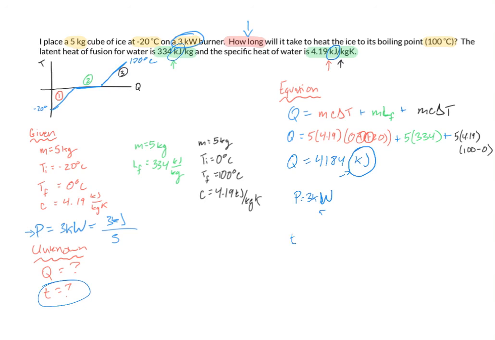So time is equal to Q over P. And so what we'll find is time is equal to 4,184 kilojoules divided by 3 kilojoules per second, or approximately 1,400 seconds. So that is how long it will take to heat up my ice to its boiling point.